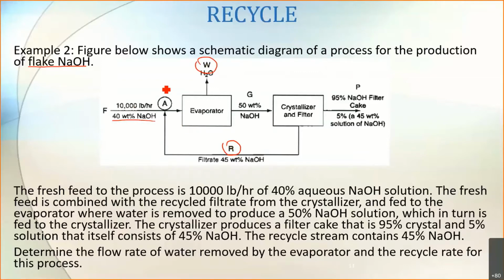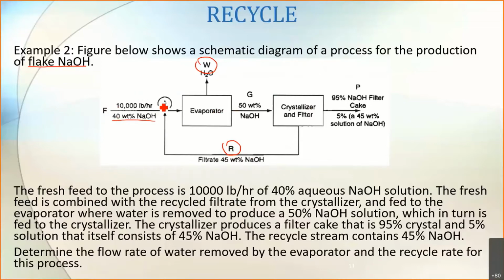So by right, if this is not given to you, based on all the information given in this problem, you should be able to actually draw and label this process flowchart. So if you remember, this is our second step when we are solving for a material balance question. The first step will always be the choosing of basis.